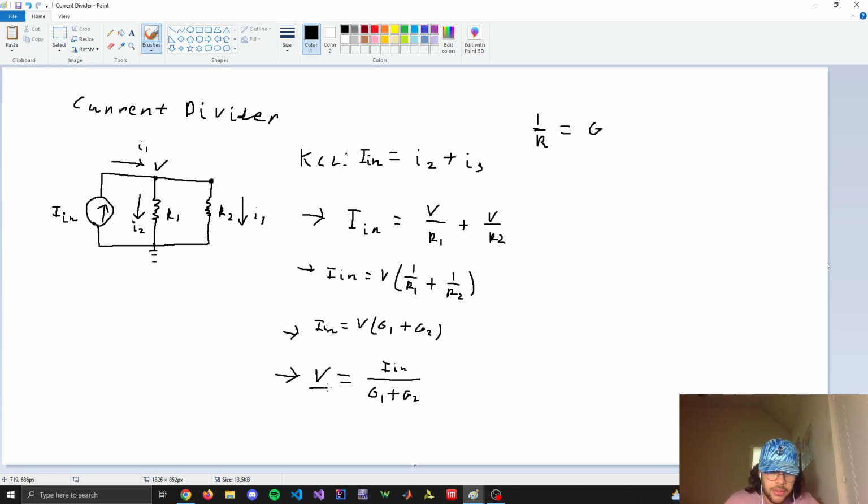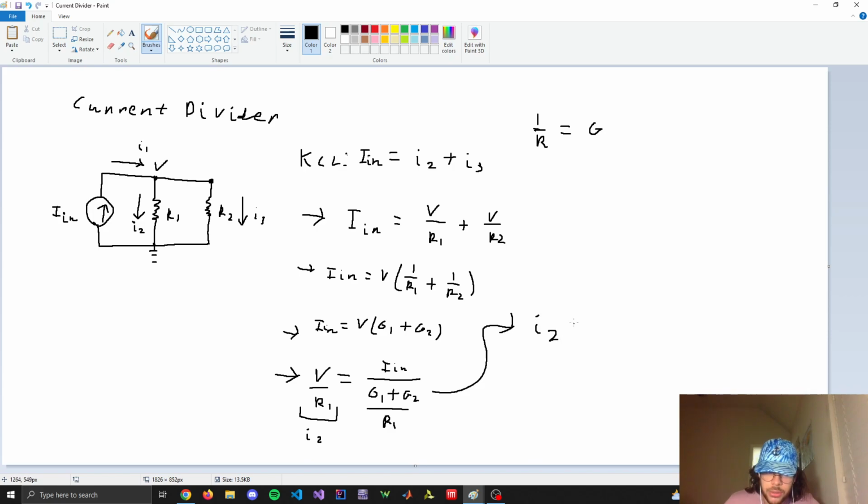And then notice that when I divide by a particular resistor, I'll get the current that's flowing in that branch. So this would exactly be I2.